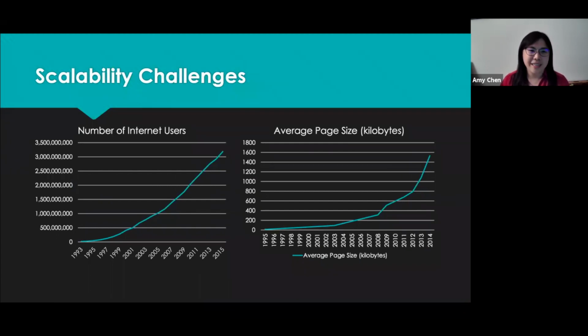On the left-hand side here, you can see the number of internet users, which, if you think about it in very simple terms, the more people that are on the internet, literally the more absolute number of requests by number of people.